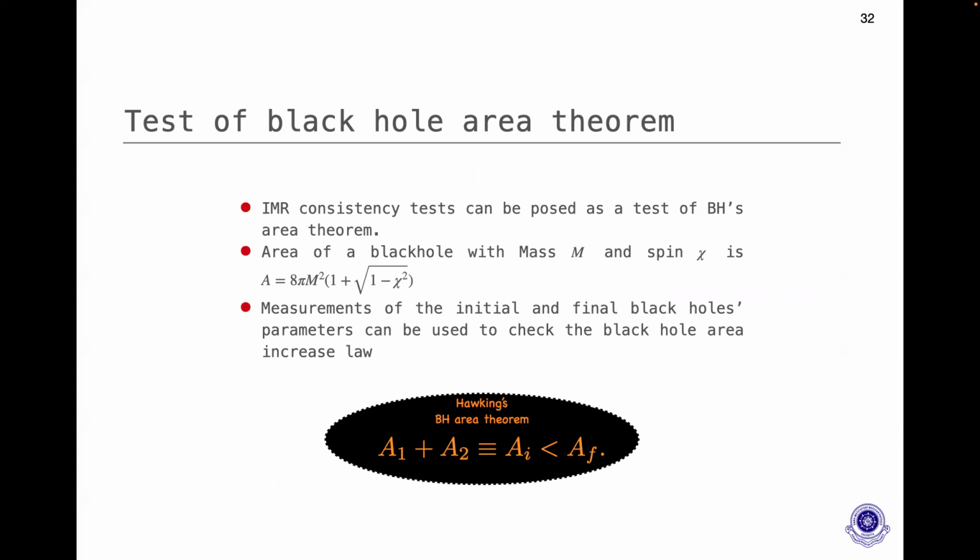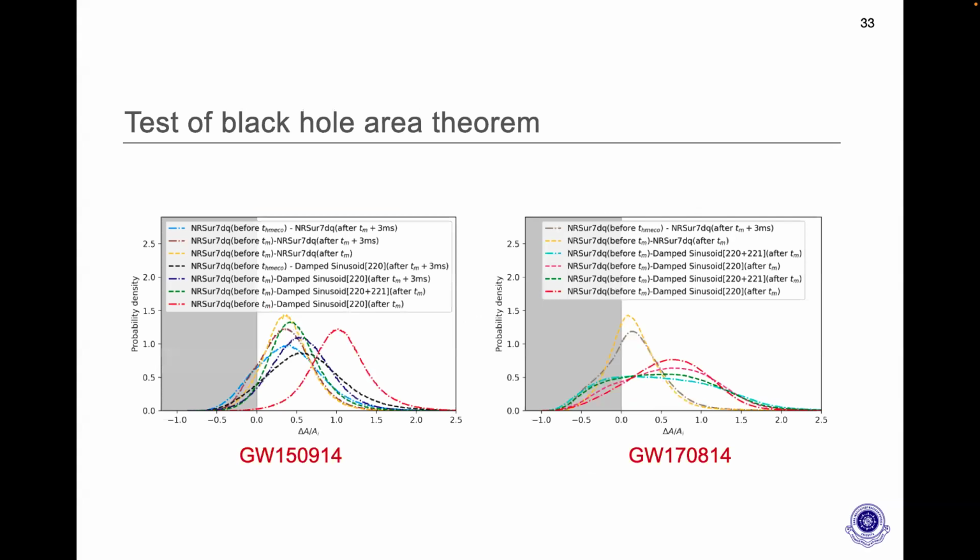So from the inspiral analysis or the pre-merger analysis, you can compute the component masses and spins and so on. And from that, you can get the total area of the two black holes. And then you can compare it with the area of the final remnant black hole. So if the initial area A_I is much less than A_F, the final area, you can say that the event has passed the black hole area theorem.